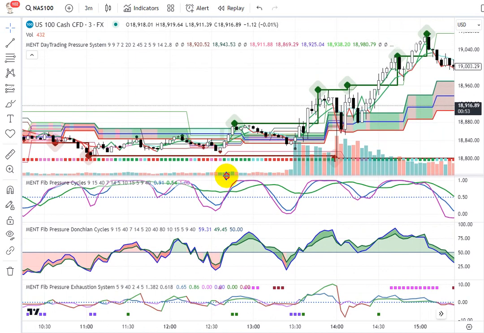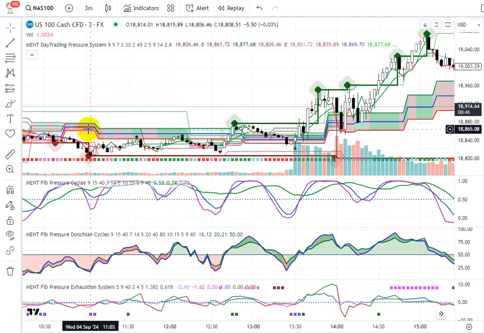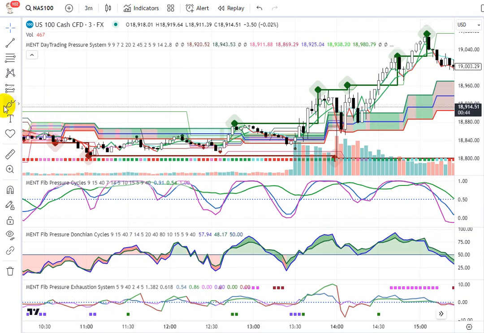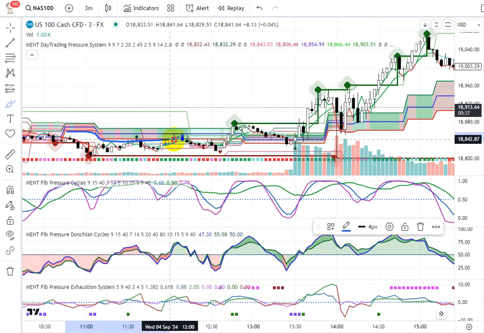Gonna restructure everything here so I can draw on this effectively. And what we're gonna do is focus again on being above or below these levels. So here is the ultimate 382 level.